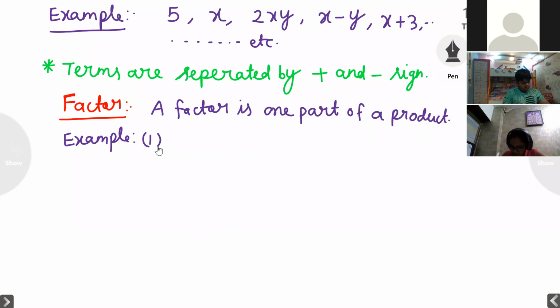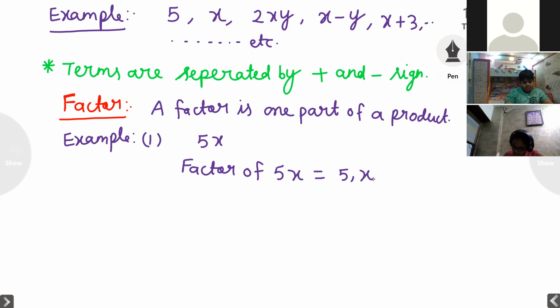First example I am asking: 5x. Now I want to find out the factor of 5x. Factor of 5x equals 5 comma x.